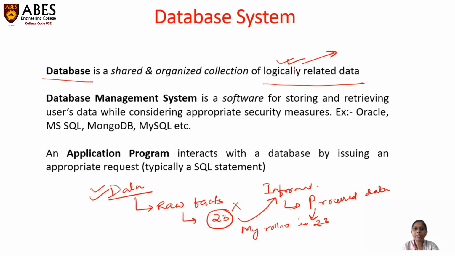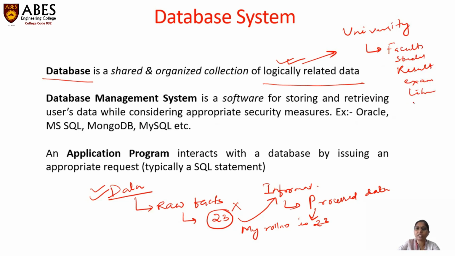For example, suppose we want to create a database for a university, then it must include the data related to that university, like the data regarding faculty, students, results, exams, libraries, etc. So all these are correlated data.